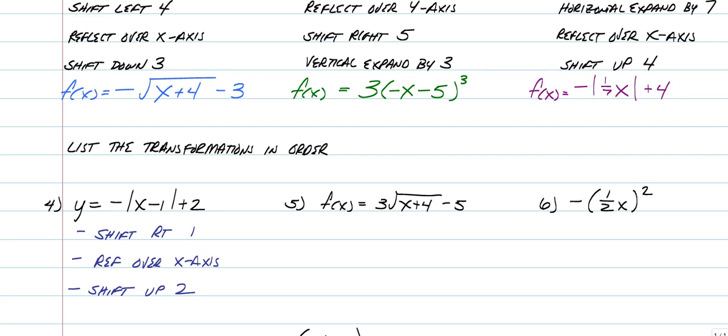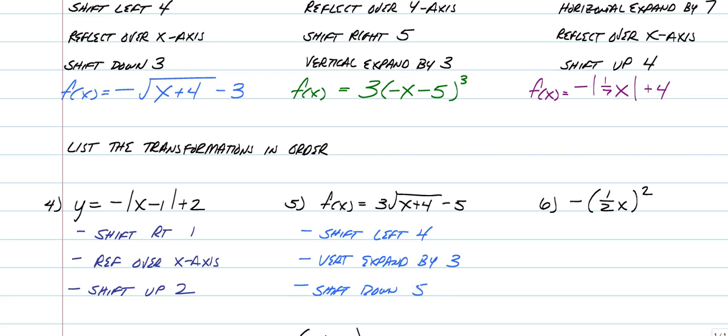Why don't you pause the video and try 5 and 6? See if you can do it. Starting from the inside, the first thing you should have done is say shift to the left 4. Go back to the outside. We are going to vertically expand or stretch by 3. And then we're going to shift down 5.